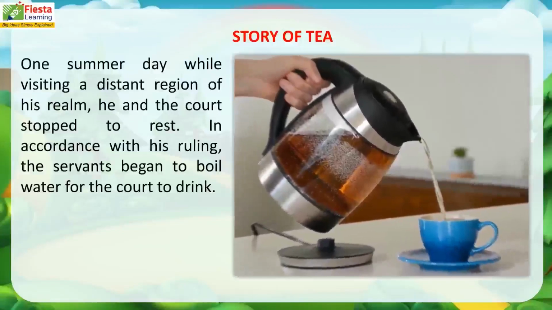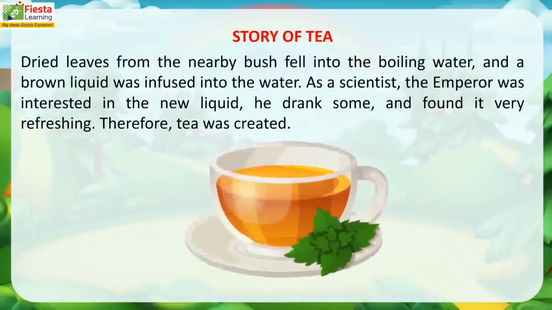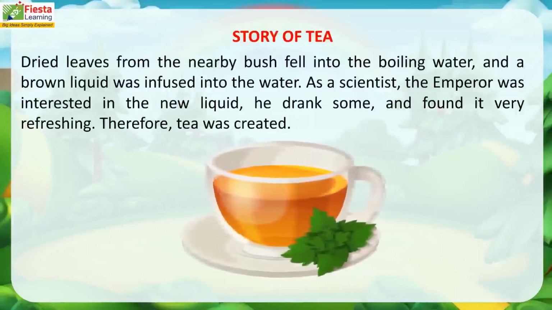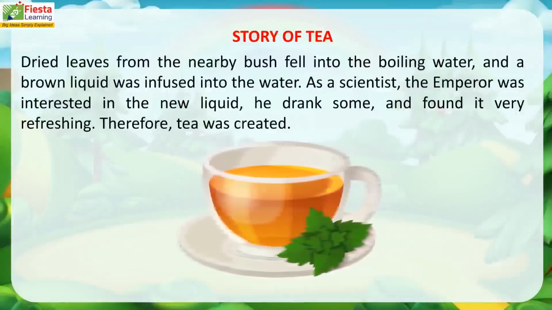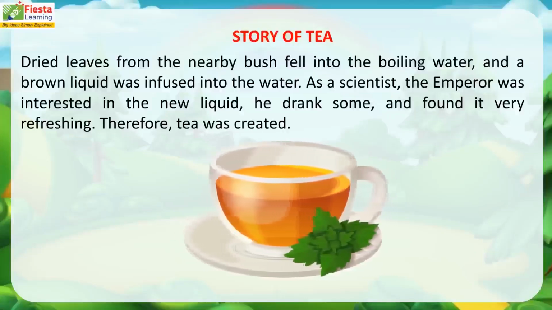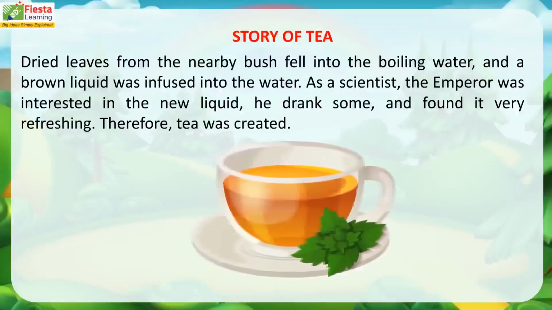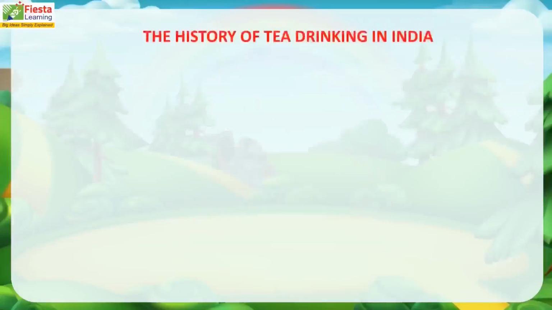In accordance with his ruling, the servants began to boil water for the court to drink. Dried leaves from a nearby bush fell into the boiling water, and a brown liquid was infused into the water. As a scientist, the emperor was interested in the new liquid. He drank some and found it very refreshing. Therefore, tea was created.